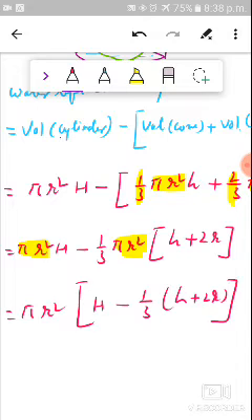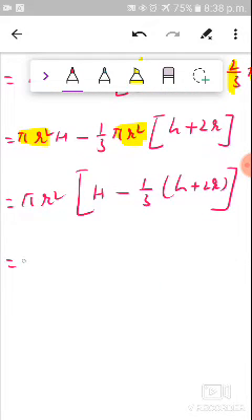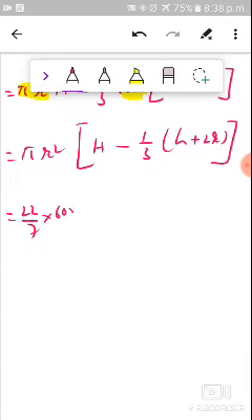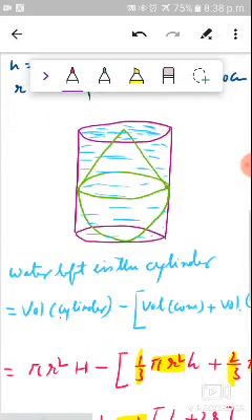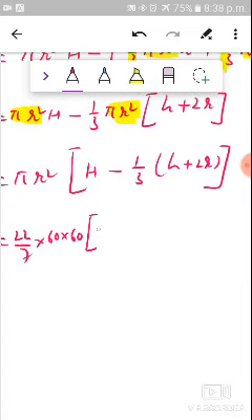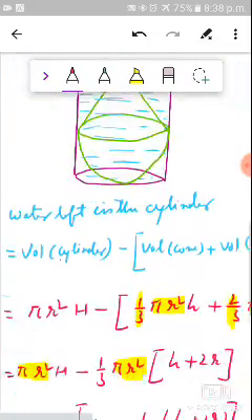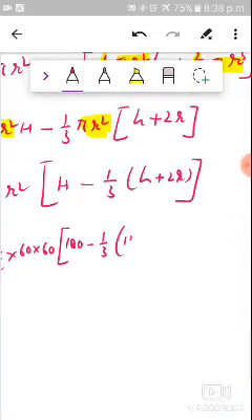Okay, so putting the values, pi is 22 by 7, r is 60 for each solid. So 60 into 60, capital H, that is the height of the cylinder, 180, minus 1 by 3 of small h, that is the height of cone, 120, plus 2 multiplied by r, that is 60.